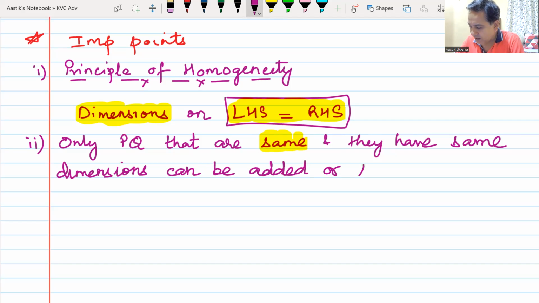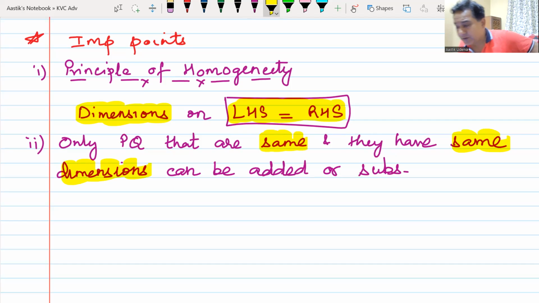I can only add or subtract those physical quantities that are the same. In any equation, in any problem, if you are adding or subtracting two physical quantities, they must be the same. You can only add mass with mass, time with time, length with length. You cannot add mass with length.